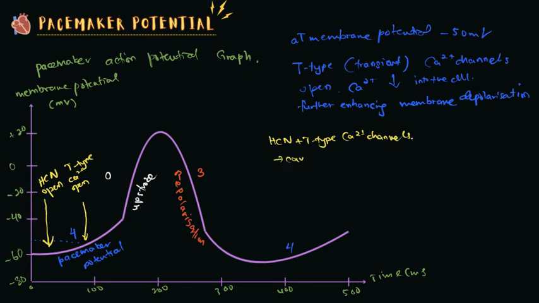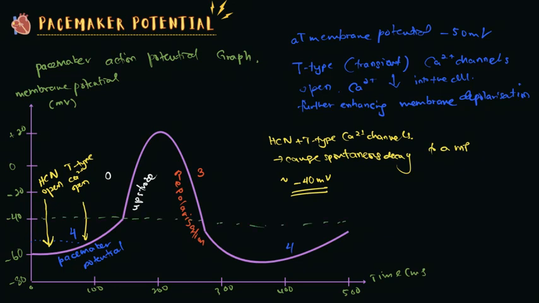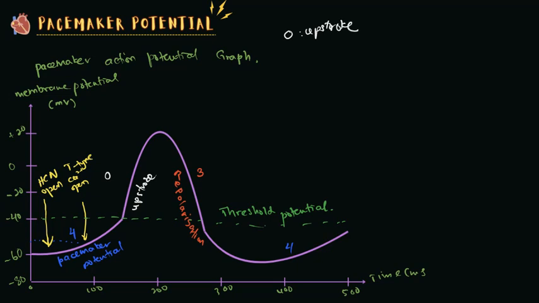Therefore, the combination of HCN channel with T-type calcium channels will cause spontaneous decay of the membrane potential up to the threshold potential of minus 40, at which point action potential will automatically generate on an all or none principle.